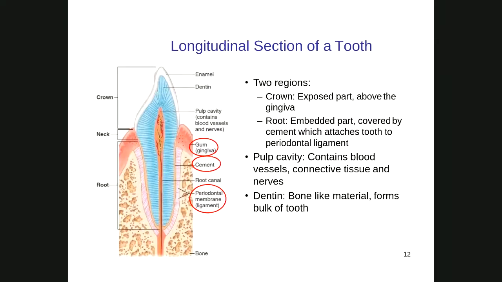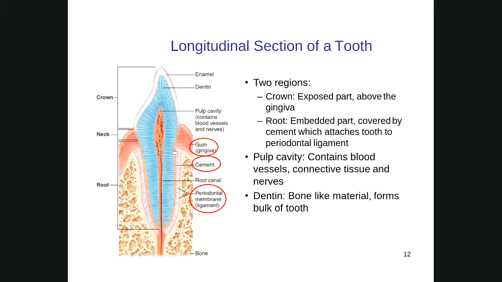So a very quick look into the structure of the tooth. The apparent region above the gingiva is the crown. This is the part which is apparent and could be seen. There is a neck region, that part which is within the gingiva, and then the root, which is penetrated through the alveolar bone of the upper and lower jaw, the mandible and the maxillae.